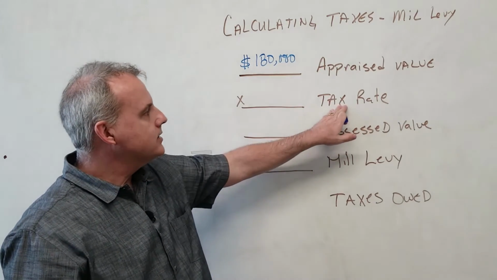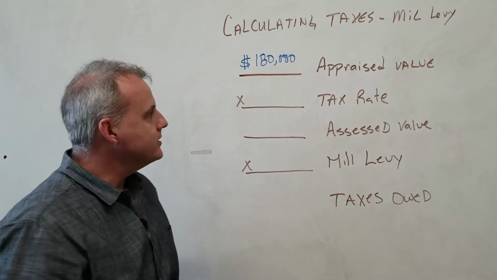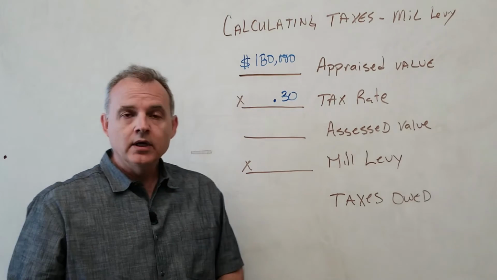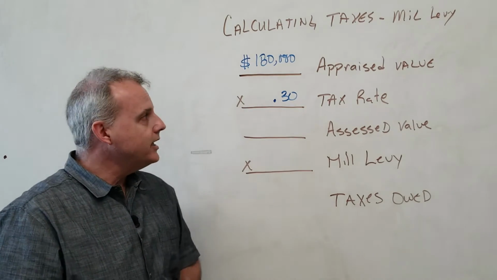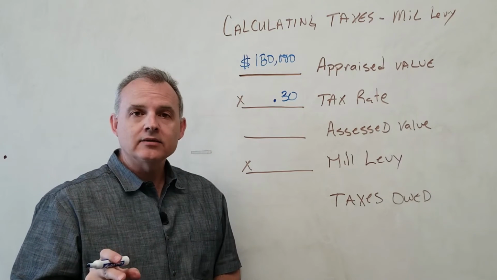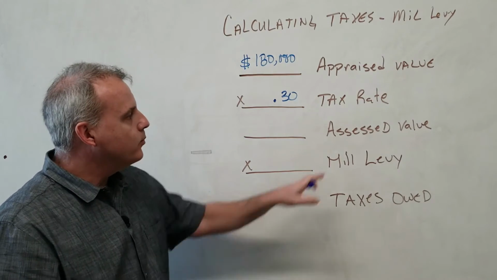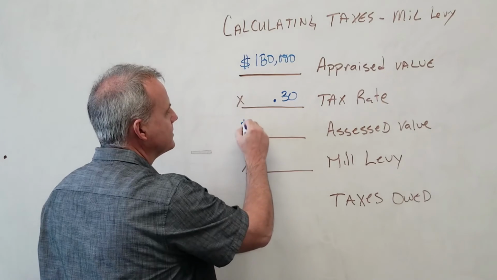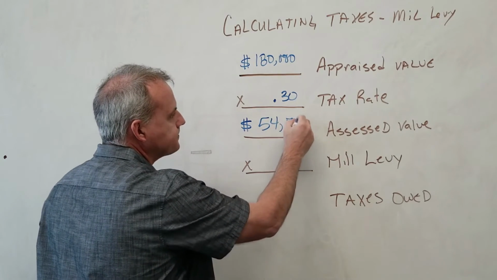The county taxes at 30% of the appraised value. So in the book, you'll see that it's decimal 30. There's a couple of ways you can do it this way, or if you have a calculator, you can take $180,000 and multiply it by 30, so you type in 30 and hit the percent key, and either way you come up with the assessed value. In this math problem, the assessed value is $54,000.